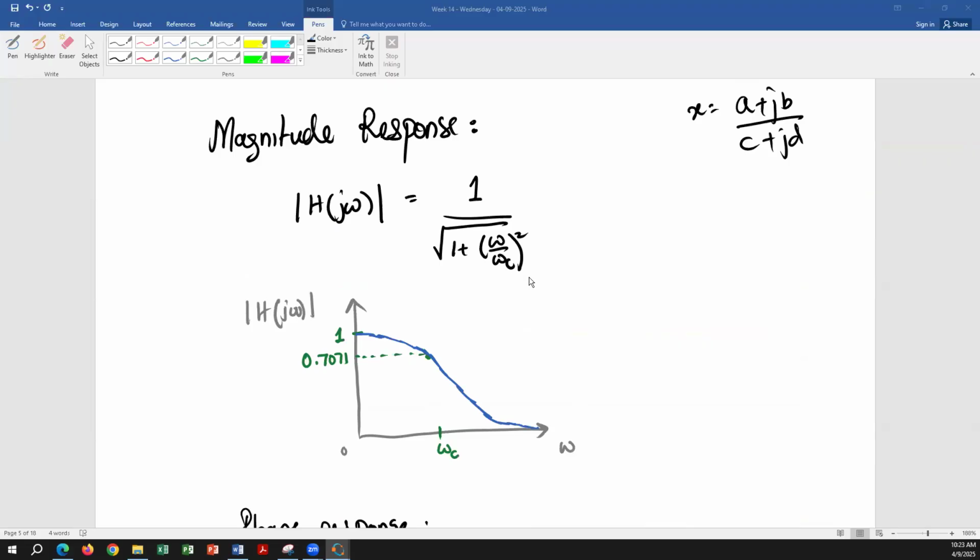You can find what value of omega is going to result in the cutoff frequency. In this case, we already know that it's going to be 1 over RC. But in general, if it's a different equation and you don't know the cutoff frequency from the equation, then the way you do that is equate the magnitude with 0.7071 and then find the corresponding value of omega. That value of omega is the cutoff frequency.